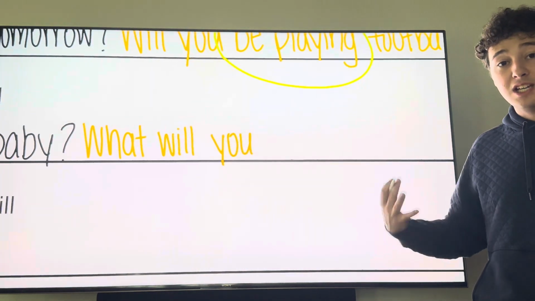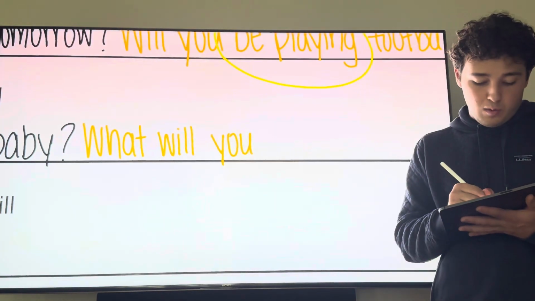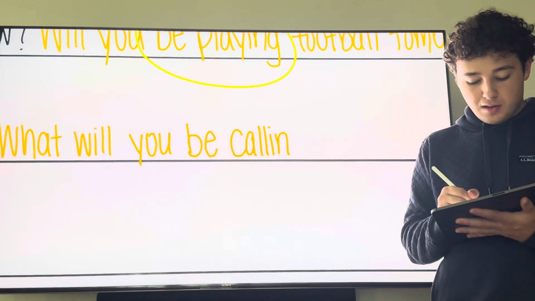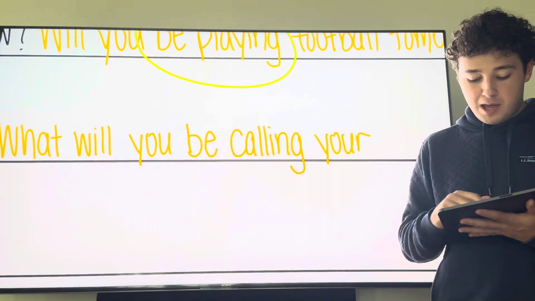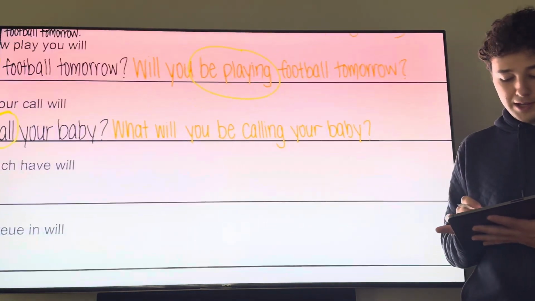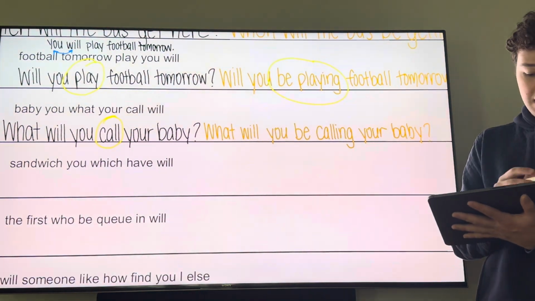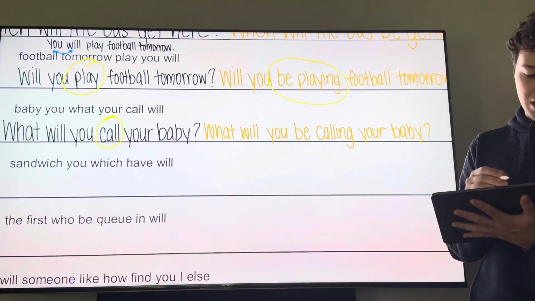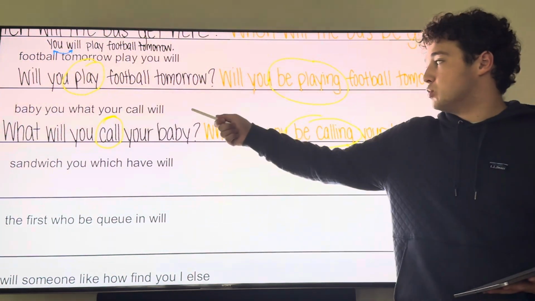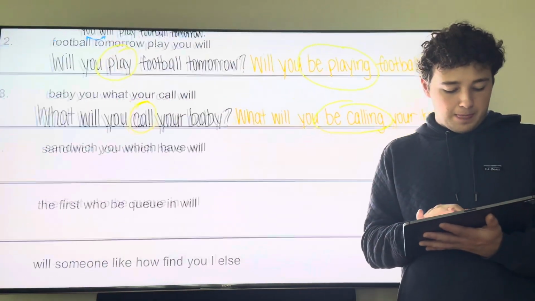But we know future continuous is be plus verb plus ing. What will you be calling your baby? So, as you can see, it's just this part that actually changes. What will you call your baby? What will you be calling your baby? Okay, let's continue.